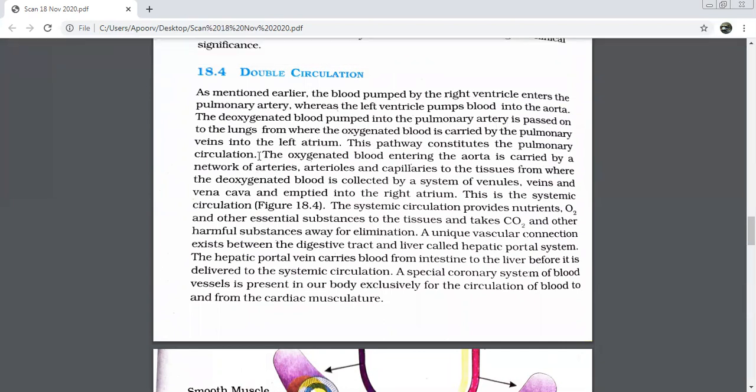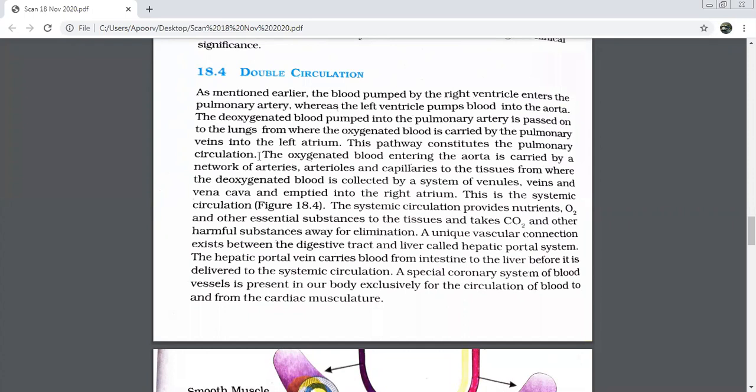Pulmonary means lungs. The word pulmonologist is a person or doctor who deals with lungs. So remember, pulmonary means lungs. The deoxygenated blood is reaching the lungs, where it is getting oxygenated, and this oxygenated blood is now being carried. So this entire circulation is known as pulmonary circulation because what is involved in this?